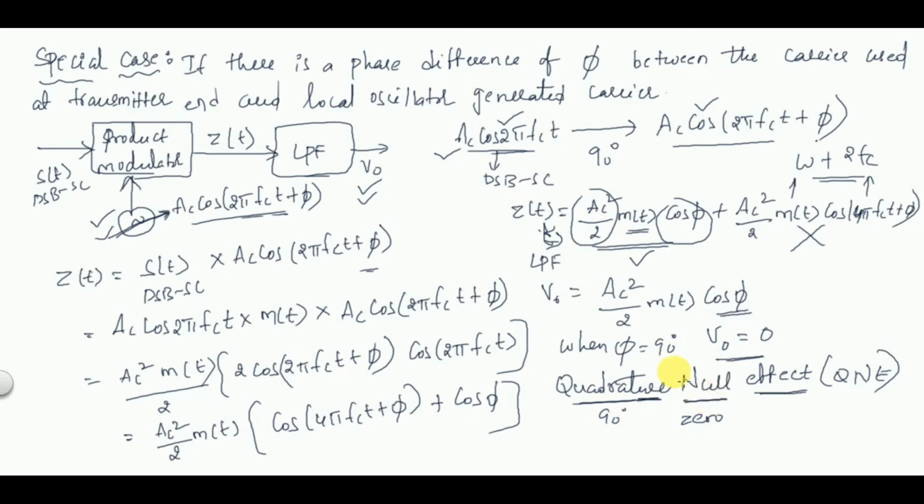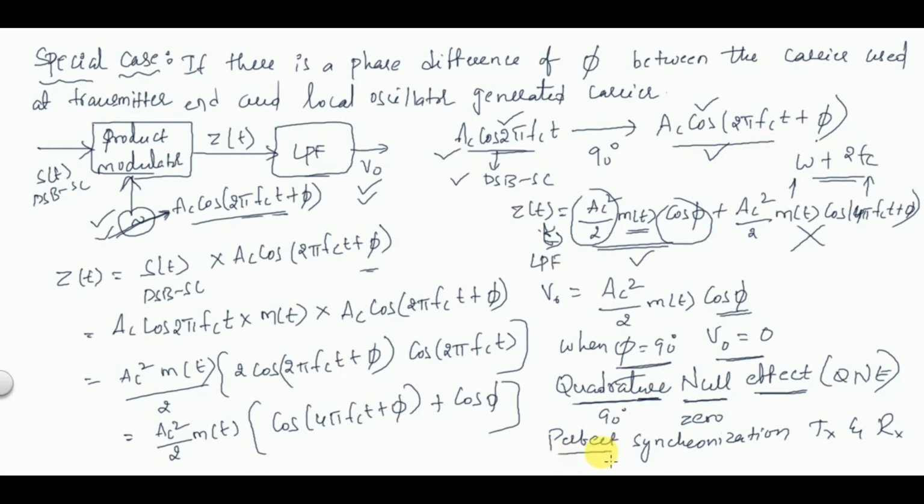The Quadrature Null Effect arises because of the 90 degrees phase shift between the carrier used at the transmitting end and the local oscillator generated carrier at the receiver end. Okay, so this is the special case. In order to avoid it, perfect synchronization must be maintained between transmitter and receiver. Whatever phase shift you have at the transmitting end, the same must be there at the receiving end.